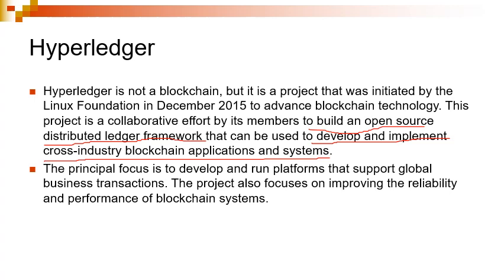So if you see, Hyperledger is a private and permissioned blockchain. Its architecture is modular. It provides a modular architecture. It has divided the blockchain operations into various modules, and we can select the modules as per our requirement.